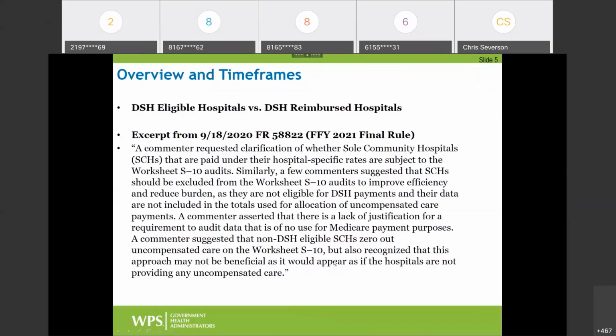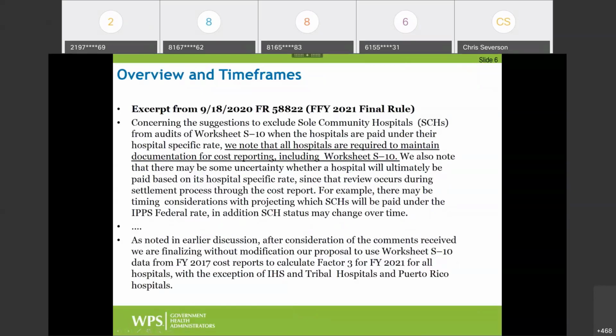And if we go to the next slide, we'll see CMS's response was that all hospitals are required to maintain documentation for cost reporting, including worksheet S-10. And at the very end, after consideration of the comments, they're finalizing without modification their proposal to use the S-10 data from the 2017 cost reports.